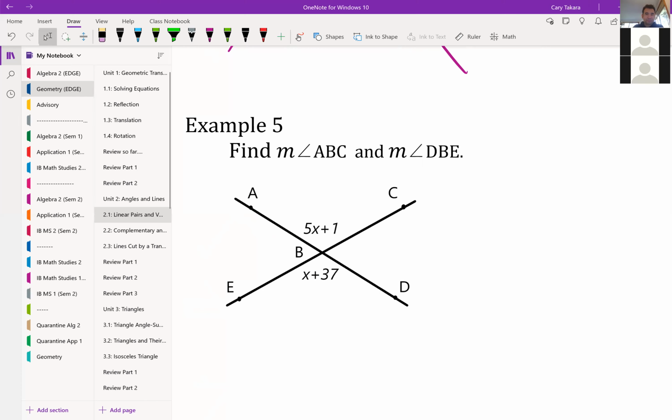Everybody good? What is the relationship between ABC, which is this angle, and DBE right here? What's the relation between the top angle and the bottom angle?